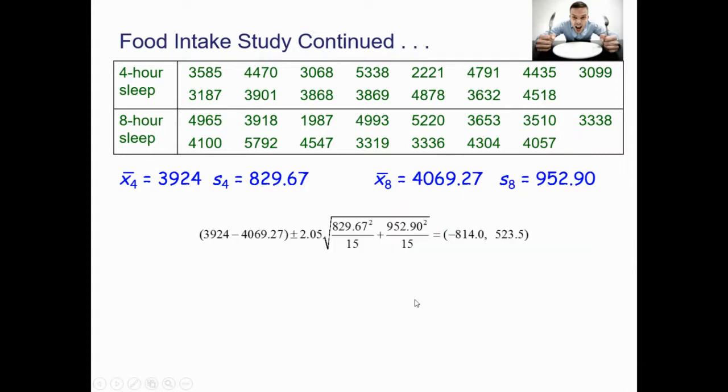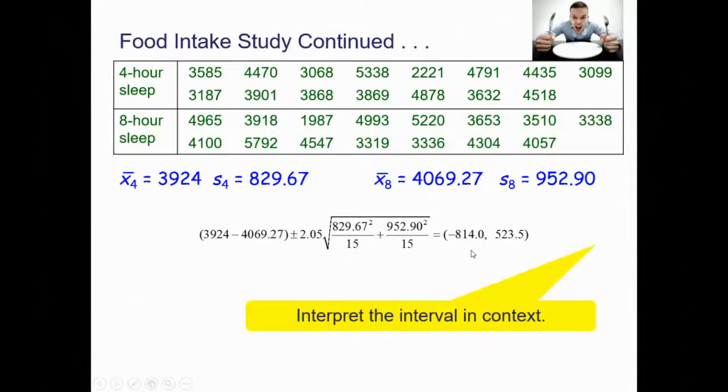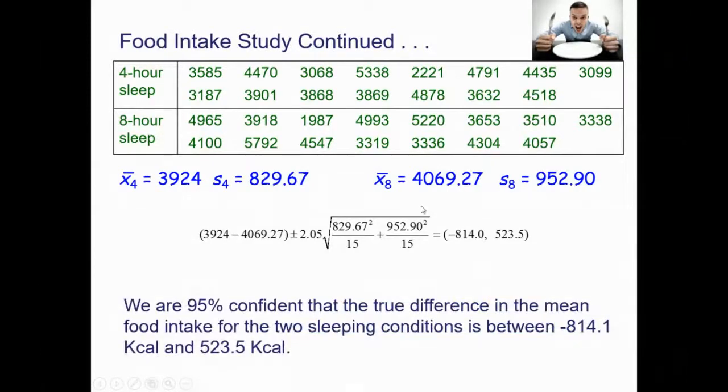Okay, so now the interval they give here, they round it to numbers, so it's gonna be different than ours. Here, just so we're consistent, our numbers that we got were negative 814.68 here. And here it's going to be 524.15.